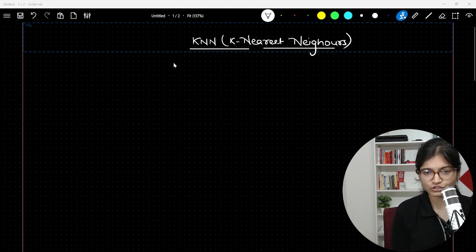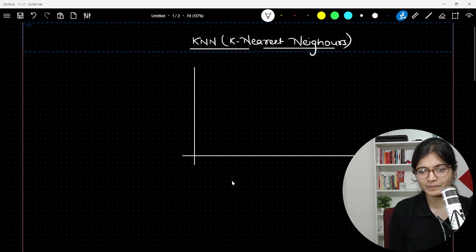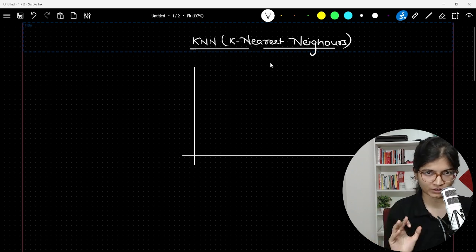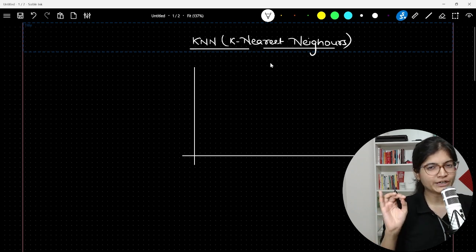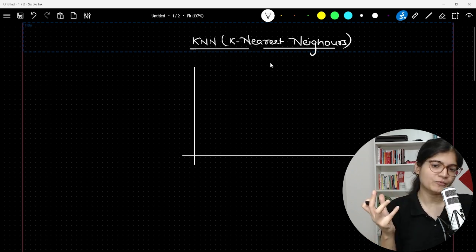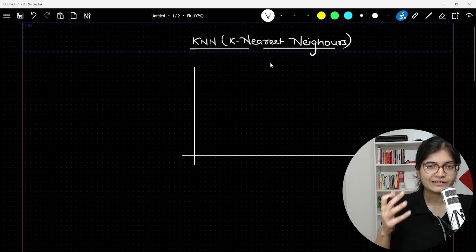So what usually happens is, let's say we are dealing with a classification task, and we have a set of data points available with us, right? The final task is, let's say, to predict whether a patient is diabetic or not. For now, I am taking only 2 features because I can demonstrate 2D data in a clear manner.